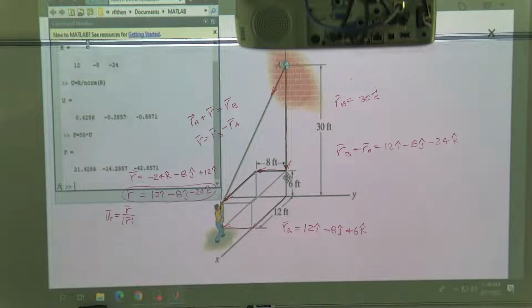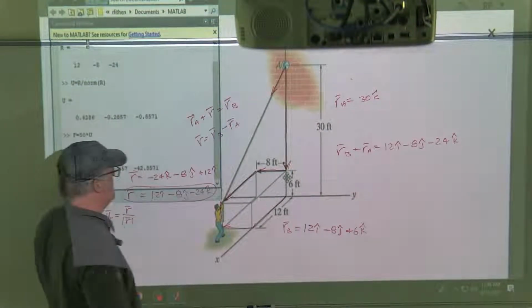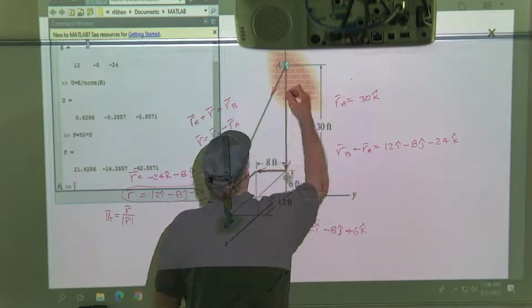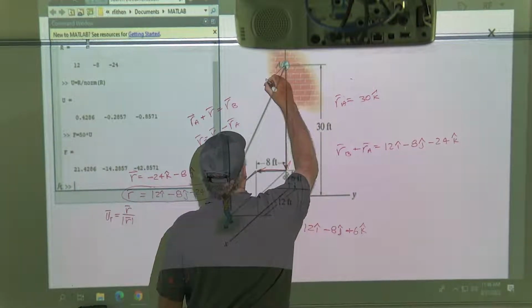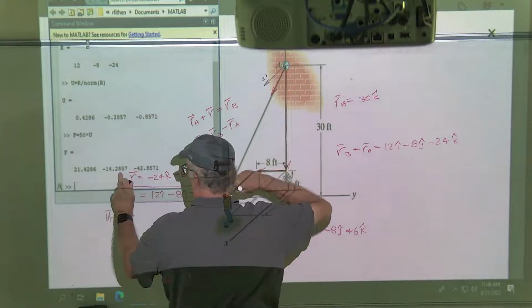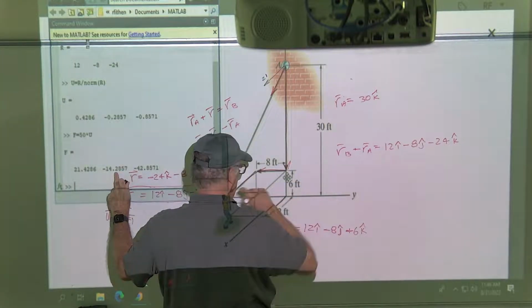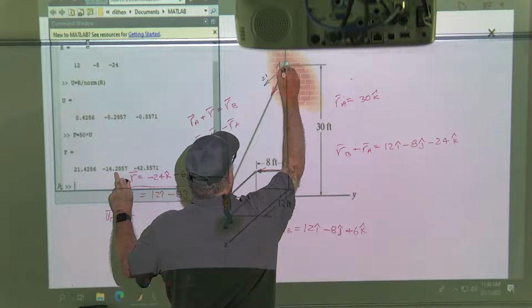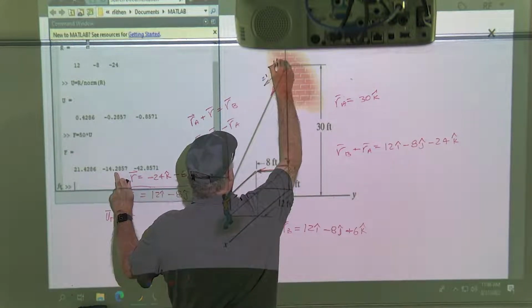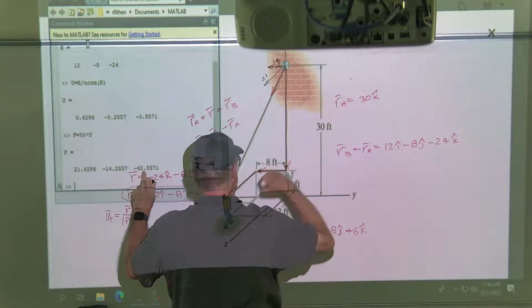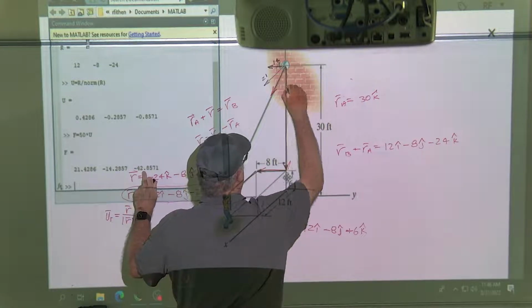And it makes sense. It feels like it's pulling 21 pounds in this direction, 14 pounds in the minus Y direction, 14 pounds this way, and 42 pounds in the minus Z.